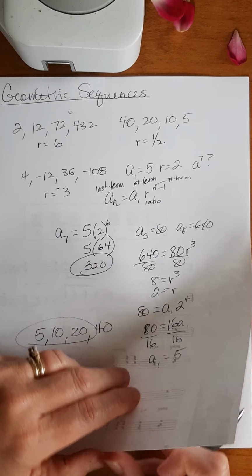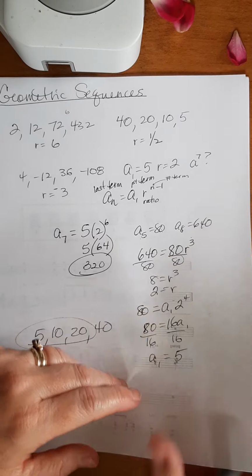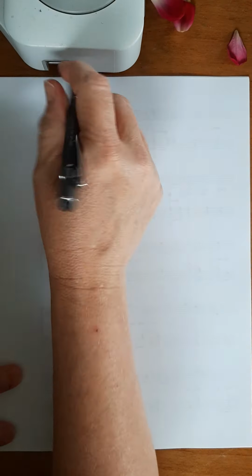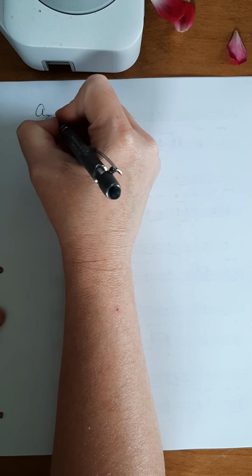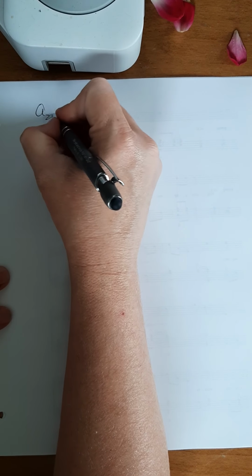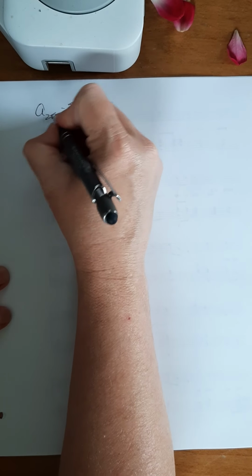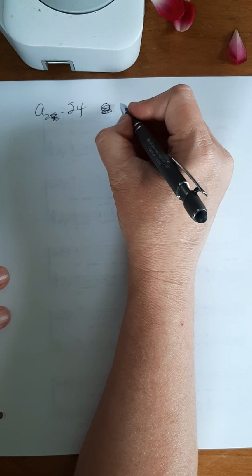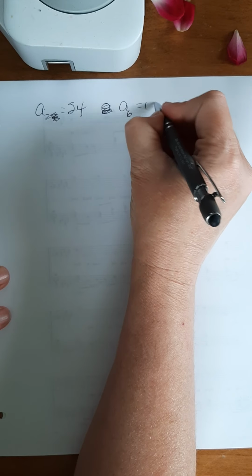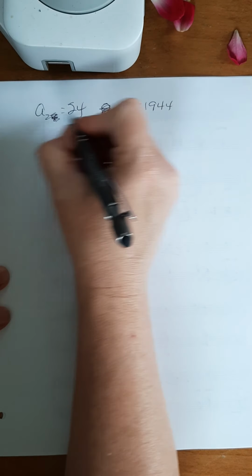Now, let's say the other type they could give you is still one in the middle, but there is a slight difference. Let's say that I give you the second term is 24. The 6th term, 1944.